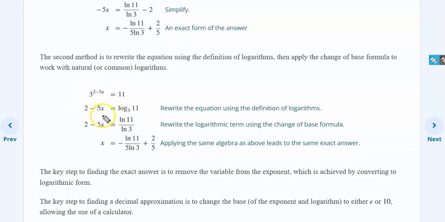And from there, it pretty much is the same protocol. And notice you get the same answers. One was in the natural log, and this one is in regular log. And you could write it in natural log as well.